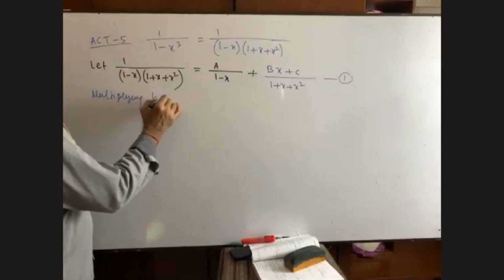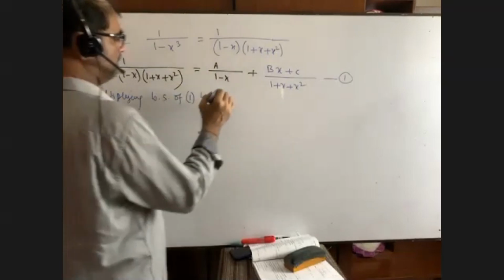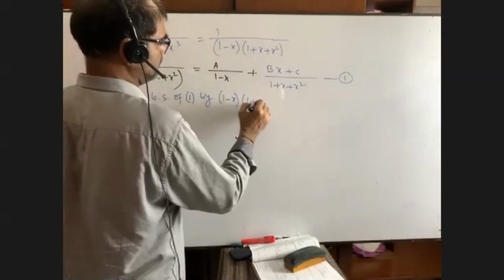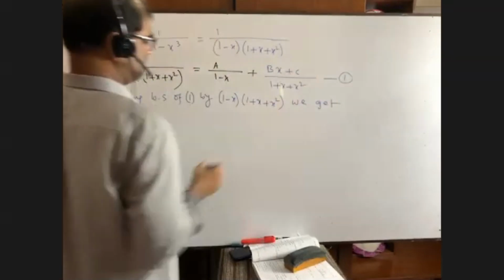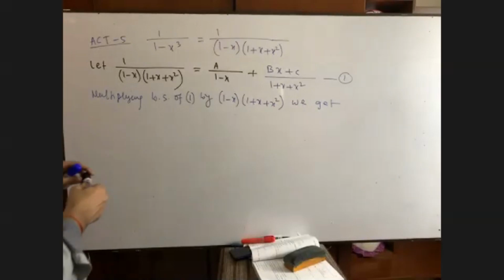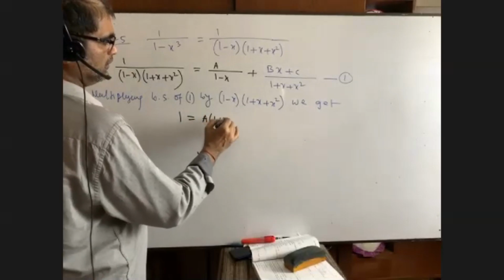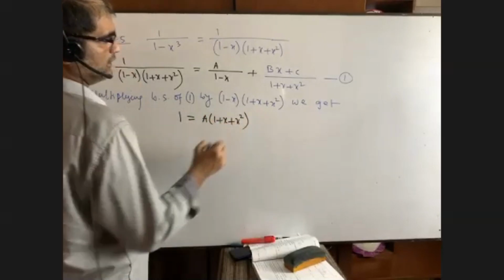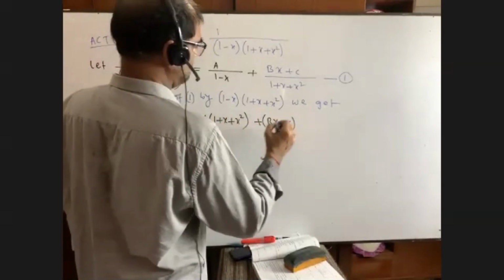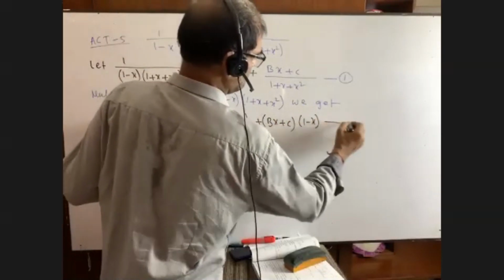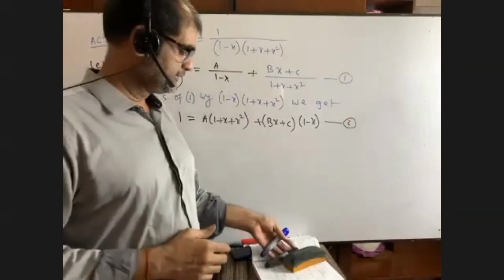Multiplying both sides of 1 by 1 minus x, 1 plus x square, we get. What we will get, you see, here it is 1 is equal to a into 1 plus x square, bx plus c into 1 minus x. This is 2. Now your math has been very easy.